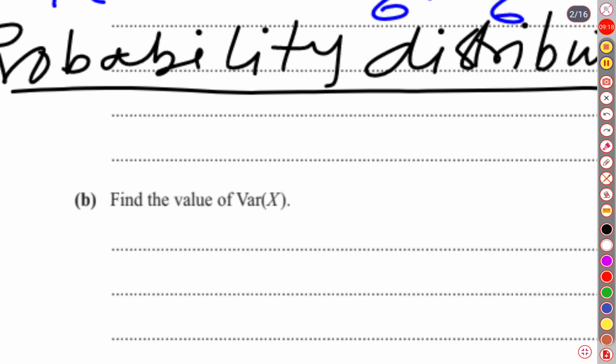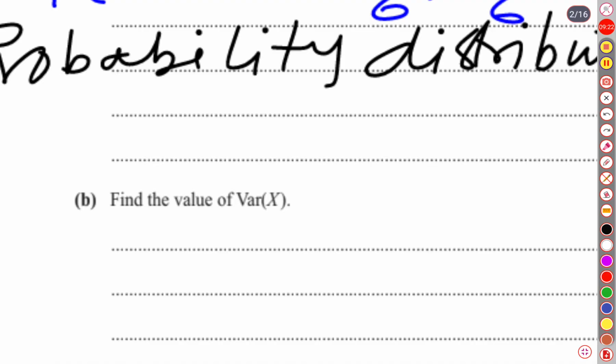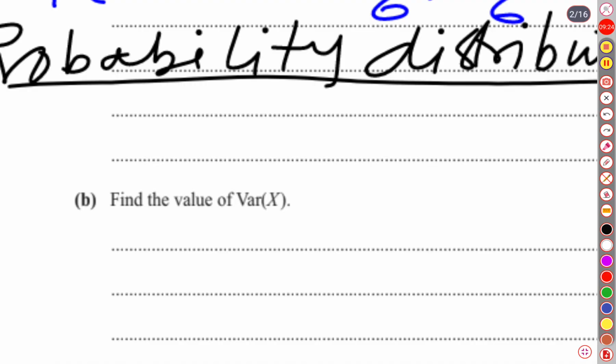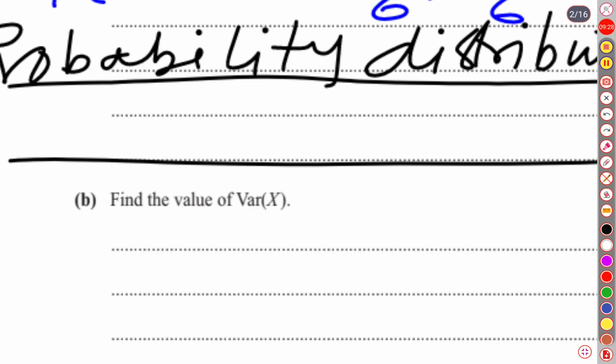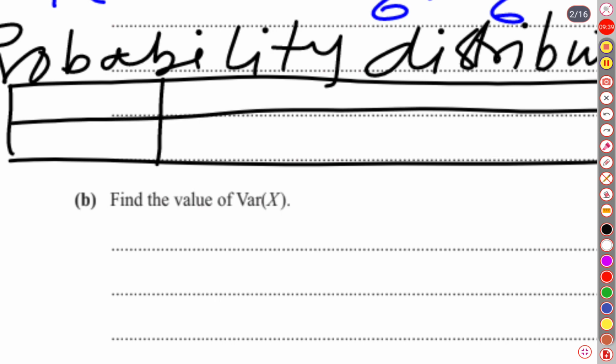Let me draw it a little bit higher, and this one is the bottom line. Let's have some space. So this is our line. It is x, the total score, and then the probability of X equal to x.